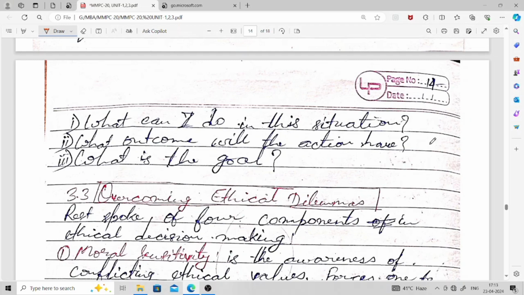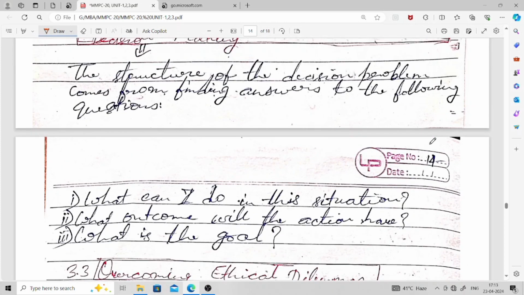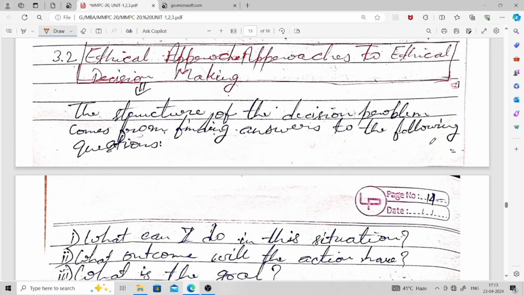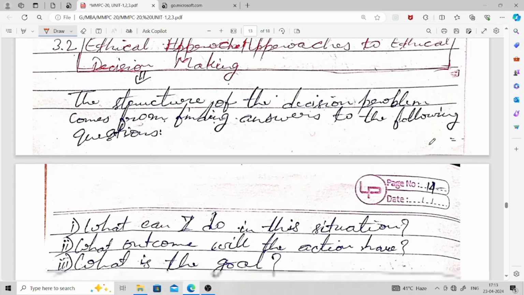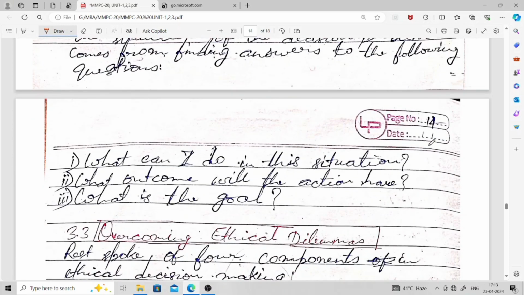That is also going to decide the approach. So by finding the answers to these questions, you can answer ethical dilemmas. If you can answer these questions in a better way, then you will be able to take ethical decisions in case of ethical dilemmas.